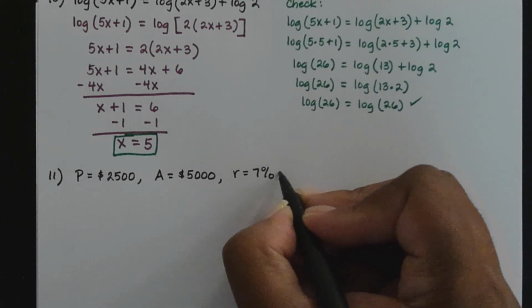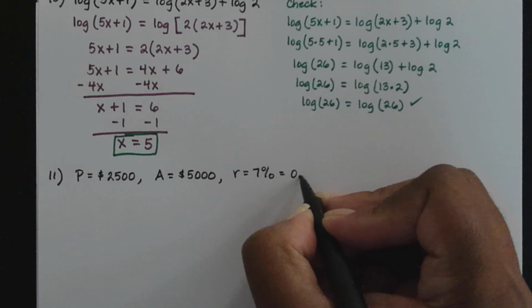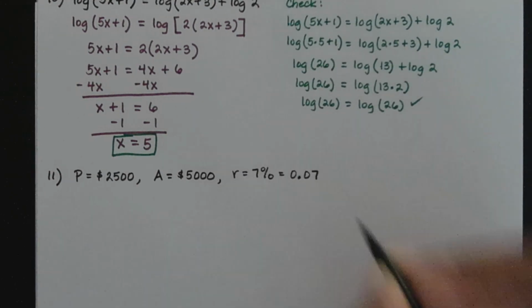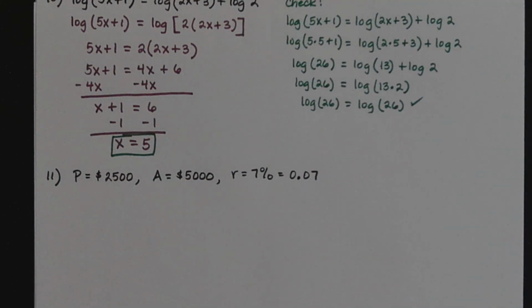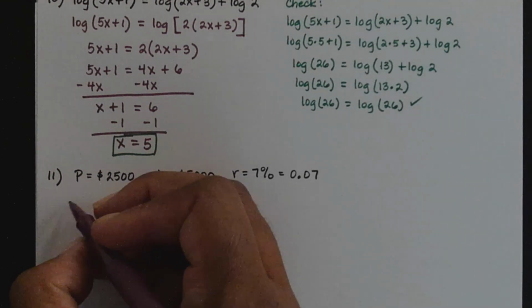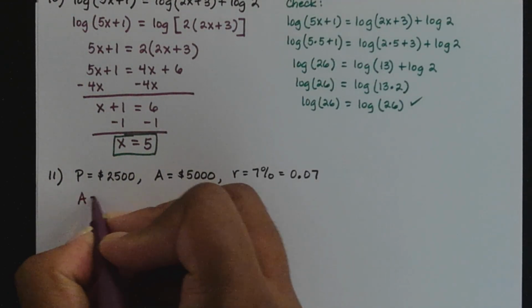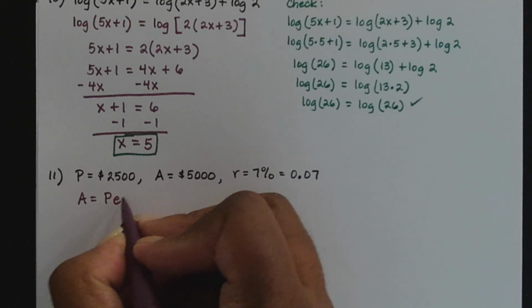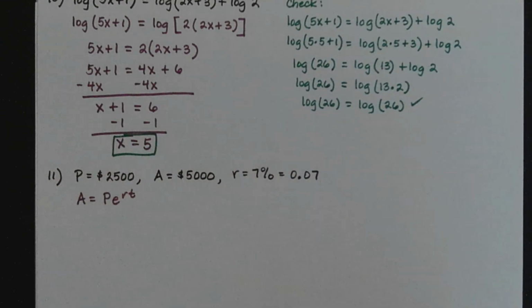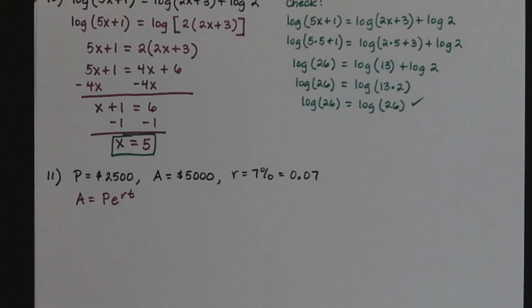Now, what's 7% as a decimal? 0.07. Okay. And it's compounded continuously. So that means we have to use this formula that has the natural base e in it. A is equal to P times e to the RT.